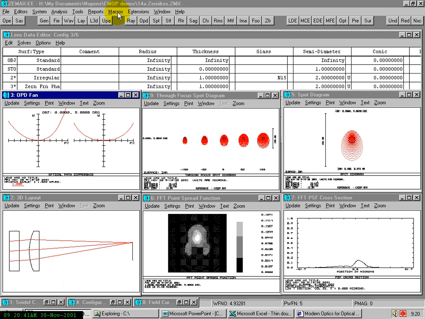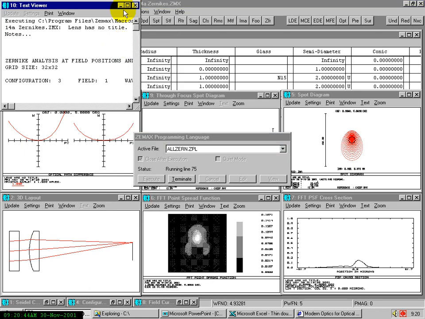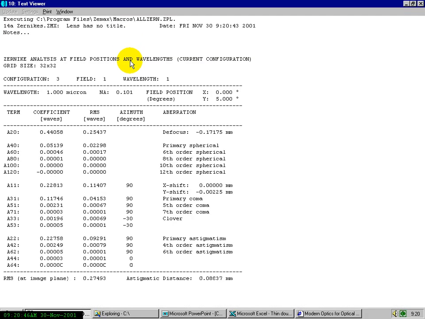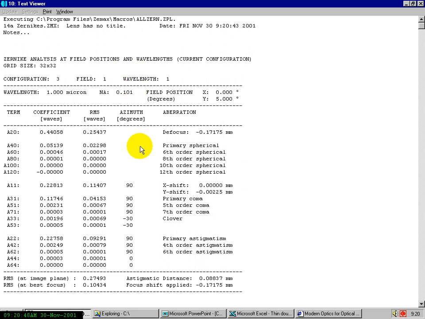But if we apply a Zernikes analysis, it tells us that we have a much larger amount of defocus now because of the added field curvature and astigmatism. And we have to shift it about 172 microns to the left.